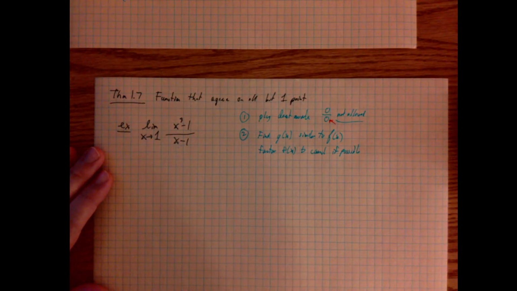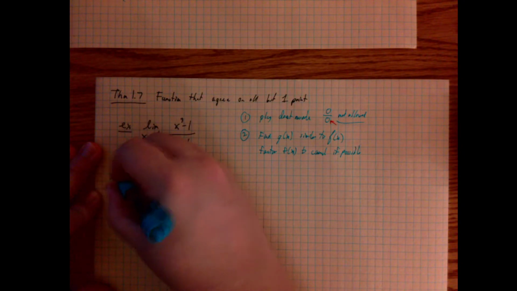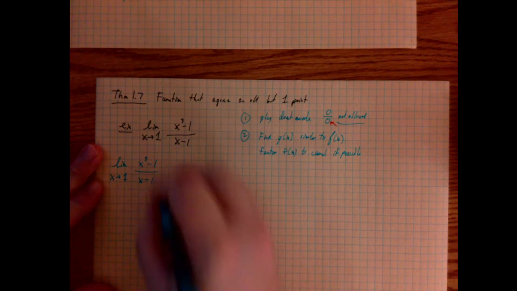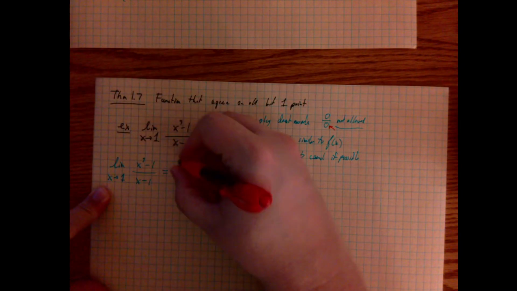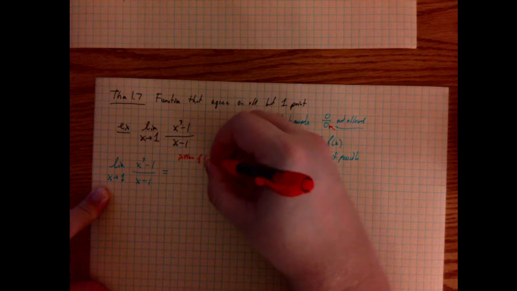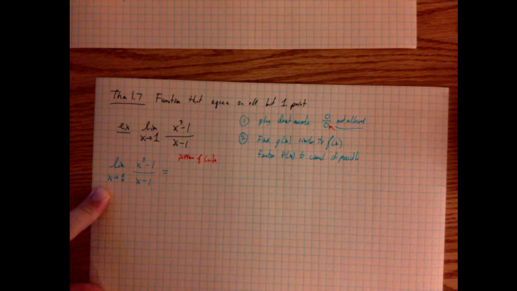Let's take a look at this function: the limit as x approaches 1 of x cubed minus 1 over x minus 1. I am allowed algebraically to rewrite this using something called the difference of cubes formula. Difference meaning subtraction, cubes meaning cubes.